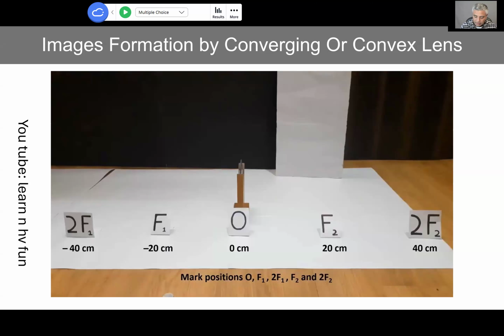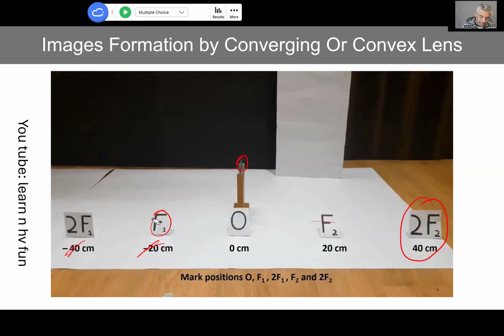They mark these different things, so this lens is over here, okay? So this is convex lens. And focal points on one side they are writing negative, on the other side positive, but it does not have to be that way. I would just say, okay, focal length is 20 centimeter, and double of focal length is 40 centimeter.